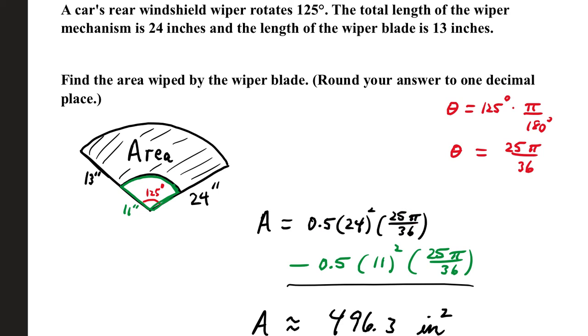So 1/2 times radius squared times theta minus, now this green section that doesn't get wiped is 1/2 times 11 squared times 25 pi over 36. Do careful calculations, and that total of this part here that gets wiped by the wiper blade is just a little bit more than 496 square inches.